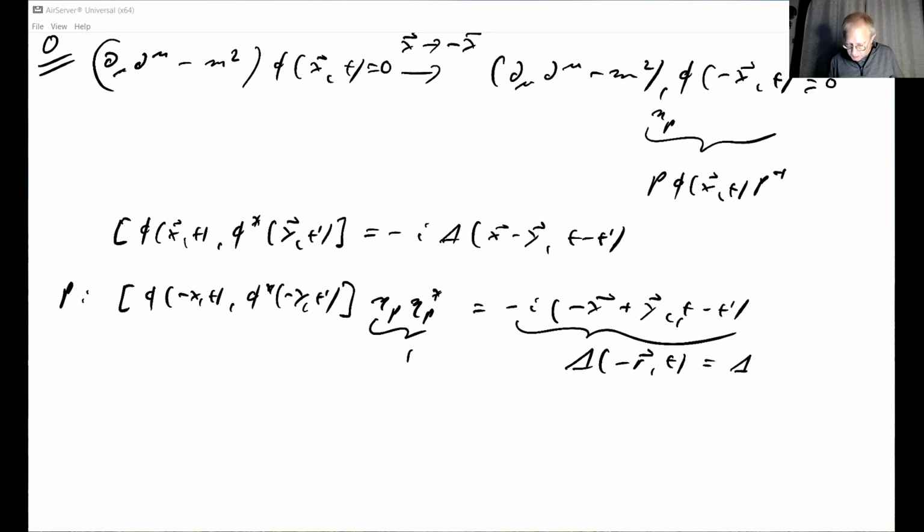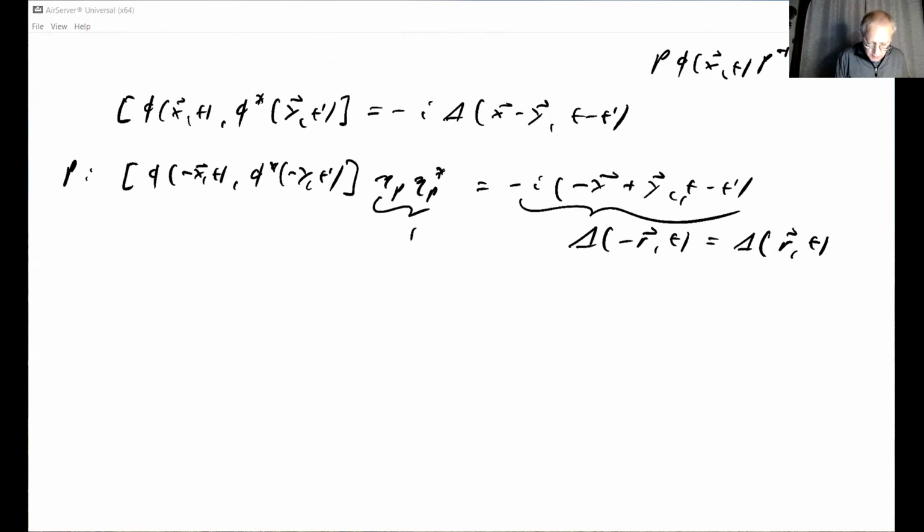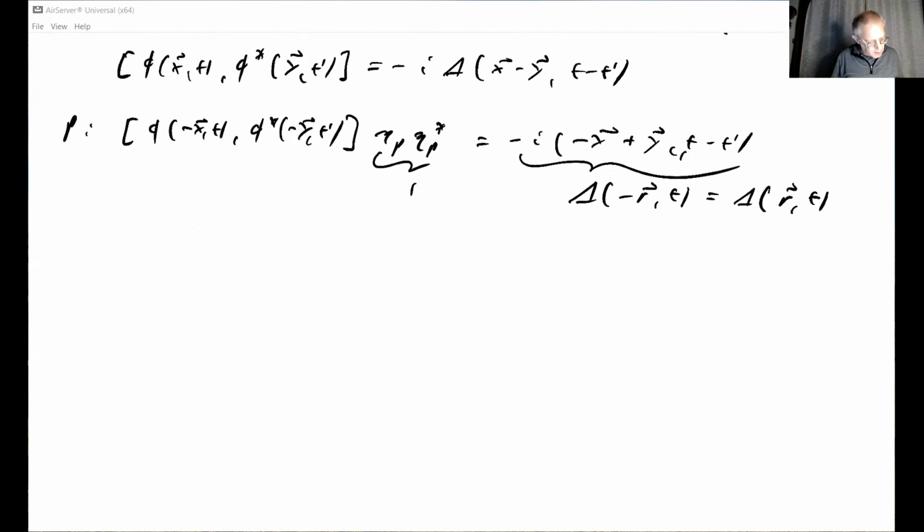This is not coming from the action of P. This is just coming from the property of this function here. And now I can just change x and y to minus x and minus y, and you see that this is preserved.